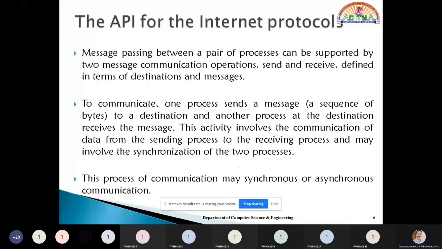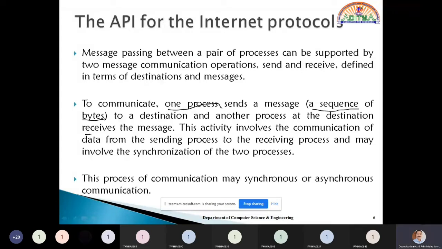To communicate, one process sends a message, which is nothing but a message consisting of a sequence of bytes, which will be passed to a destination, and another process at the destination receives the message.